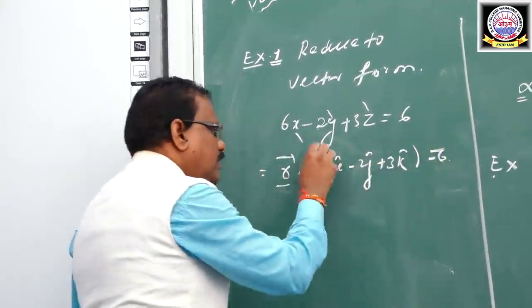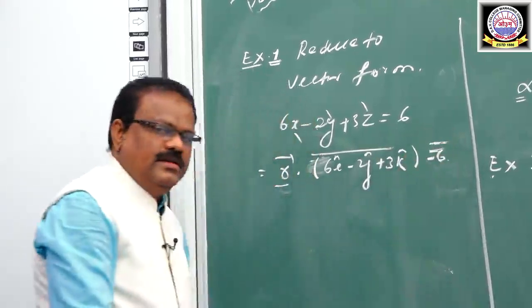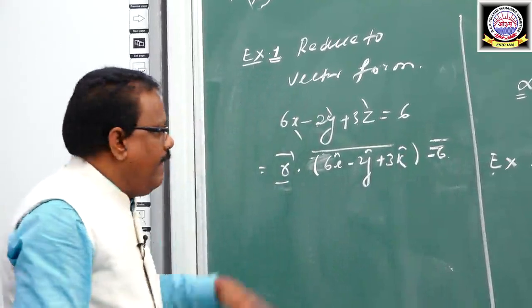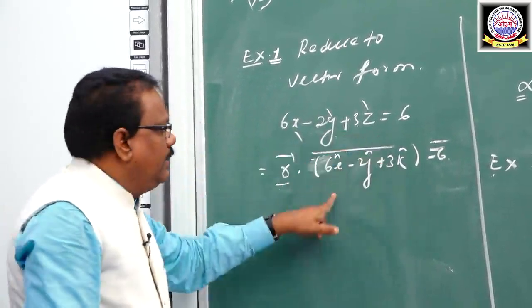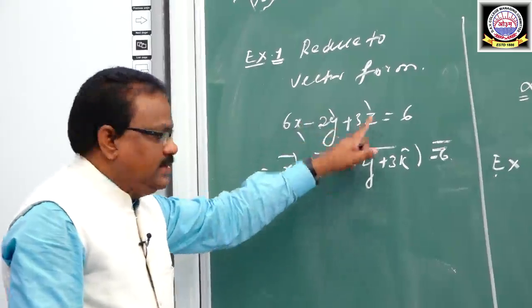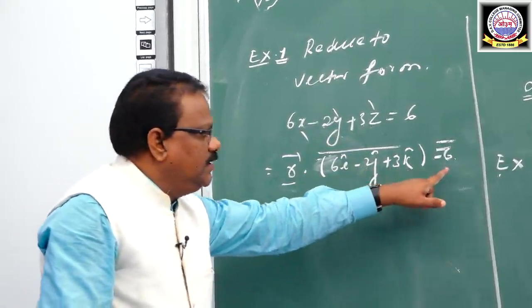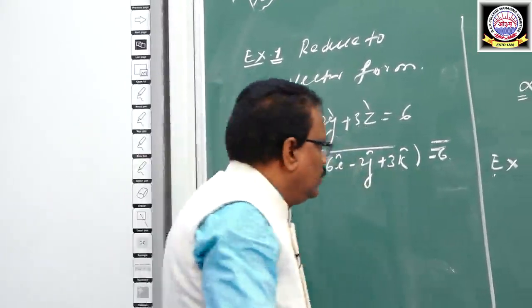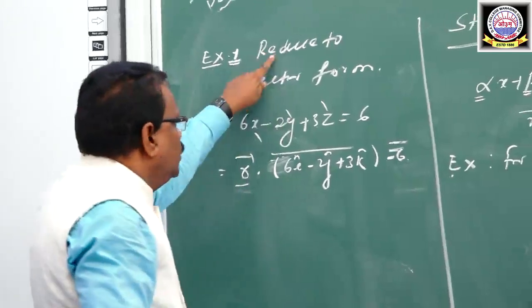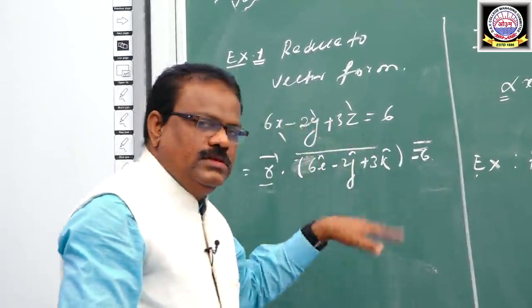So r dot n is equal to d, where d is equal to a dot n. So r for the locus point xyz, n vector from the coefficients of x, y, z, that is 6i minus 2j plus 3k, is equal to 6. Okay, so this is the question to reduce the Cartesian form to the vector form.